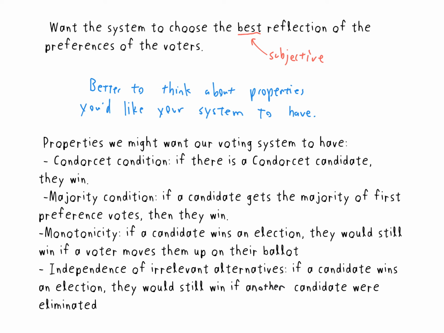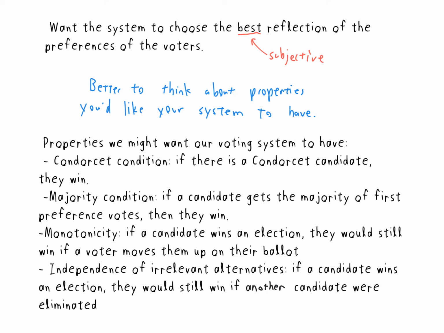It discourages strategic voting because, as you may remember, a lot of the strategic voting ideas that we talked about earlier were based on logic that started with, well, candidate X is going to lose, so... If independence of irrelevant alternatives holds for a voting system, then if candidate X was going to lose, how you rank candidate X is not going to affect the outcome of the election anyway.